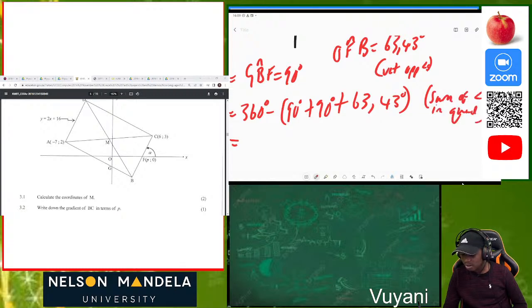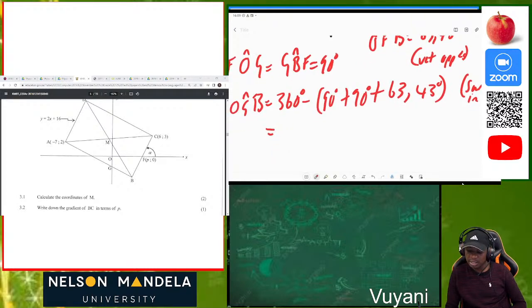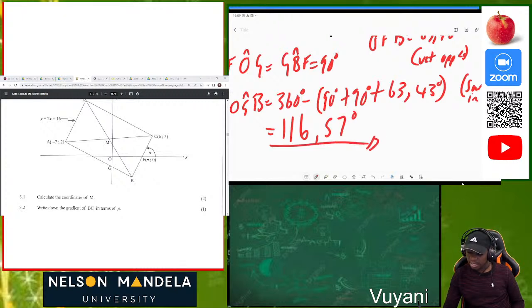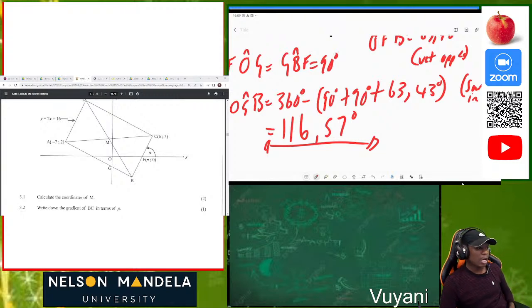All quadrilaterals add up to 360 degrees. Then let's use our calculator. 90 plus 90 is 180. 180 plus 63,43, then 360 minus the total. I'm finding 116,57 degrees. So this is the angle we need. Angle OGB is equivalent to 116,57 degrees. Okay.